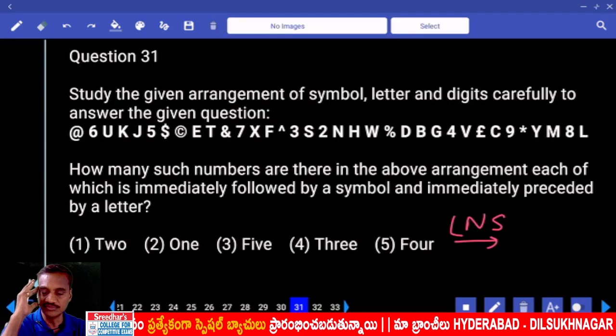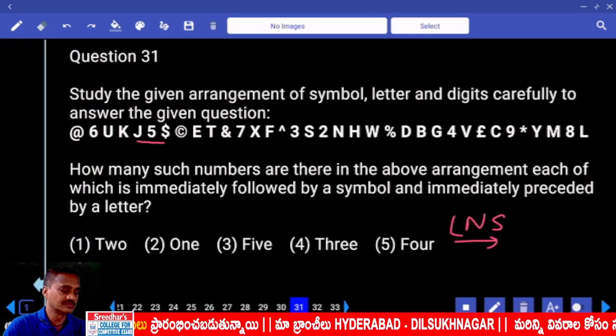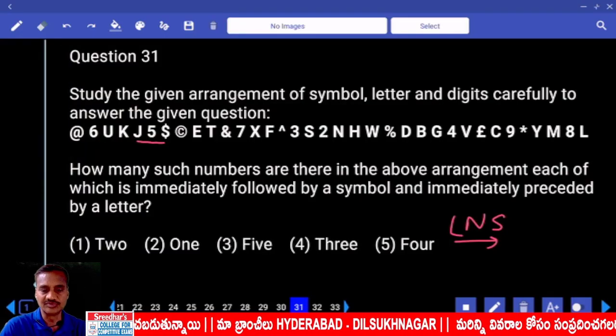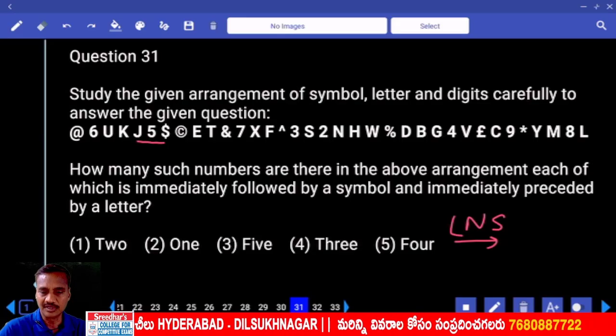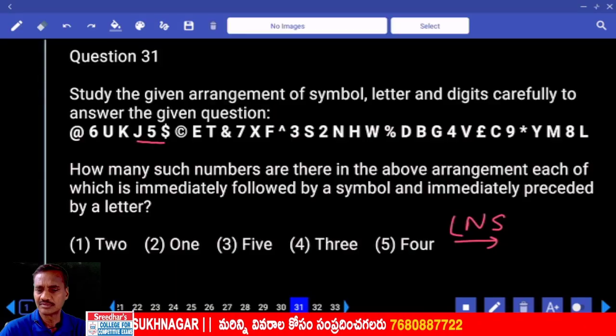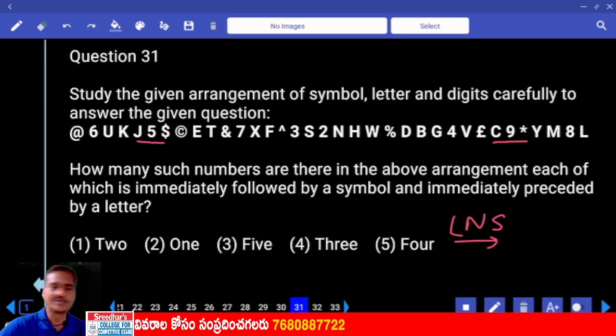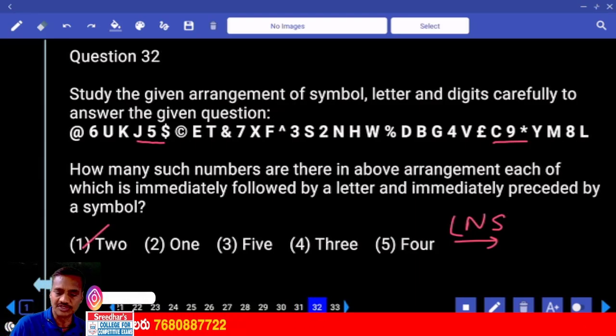Letter, number and a symbol. Next one, letter, number and a symbol. How many are there of such type? 2. So 31 is choice 1.